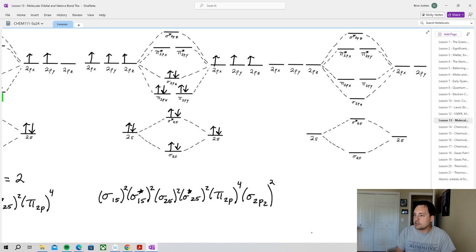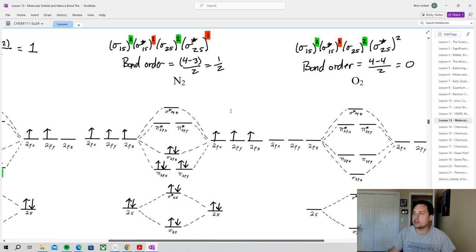So then this gives us a bond order of, let's see, 2, 4, 6, 8, 8 minus 2 divided by 2, which is 3. So it gives us a bond order of 3, meaning we get a triple bond whenever nitrogen comes together with another nitrogen.